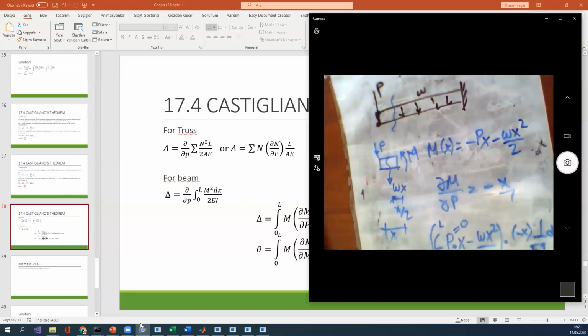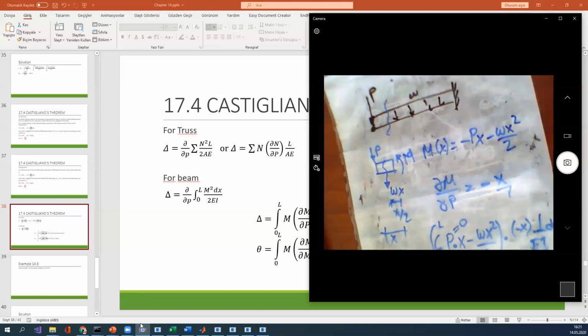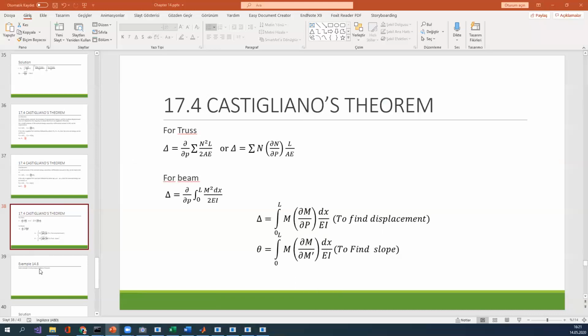Okay, let's continue. Now when this term is equal to 0, its integration is similar to this, minus omega x cubed over 2 EI dx. Also, we obtain the same integration as in example 14.7.